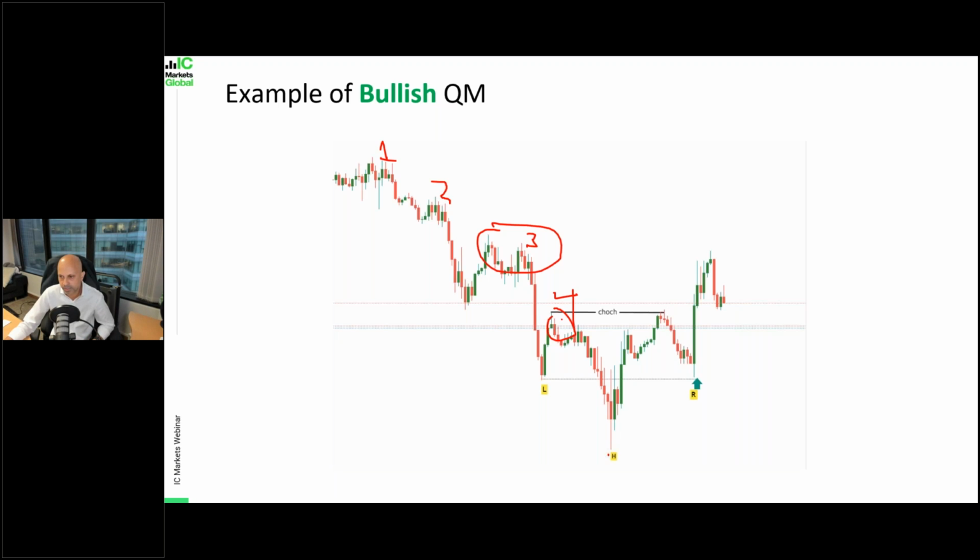Okay, so as price over here, we still don't have the break of structure yet, right? Or the change of character, right? We still don't have it here yet. But then when price breaks above, sorry, where's the change of character? Oh, sorry, this is here. Actually, this is labeling.